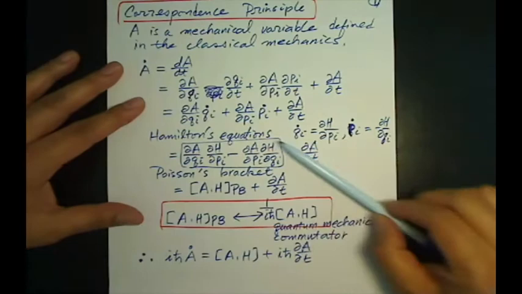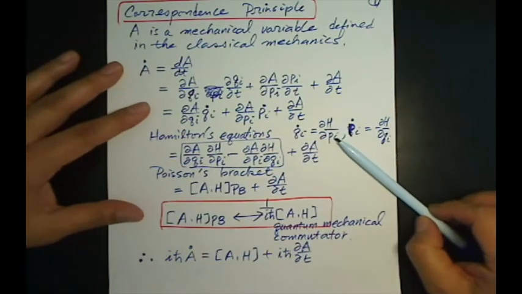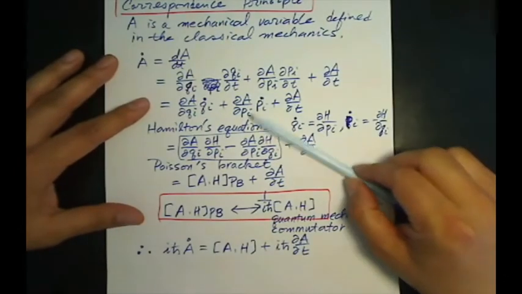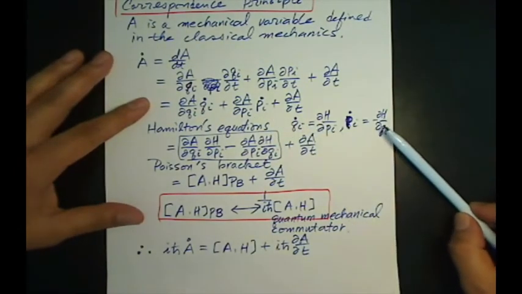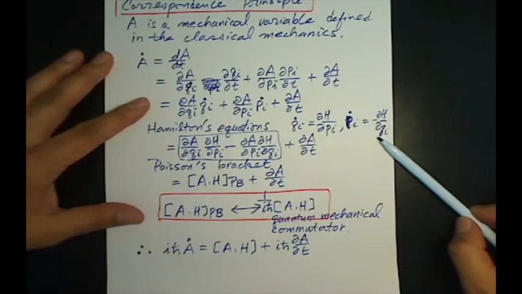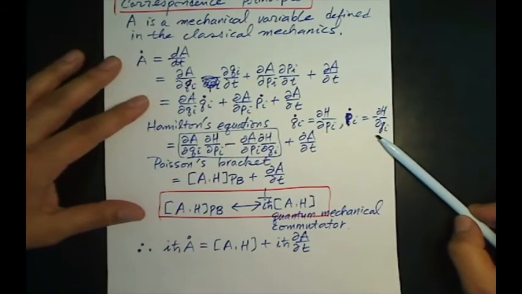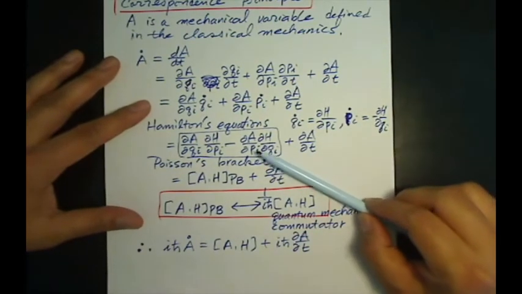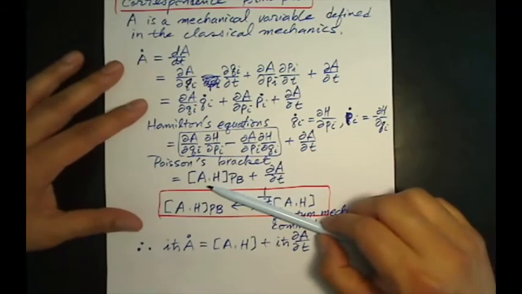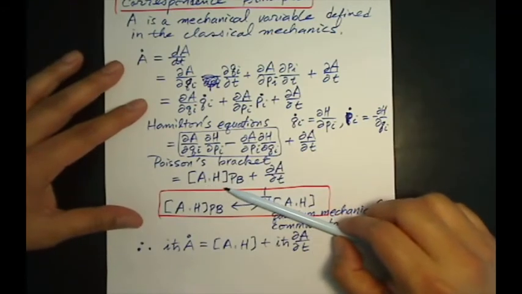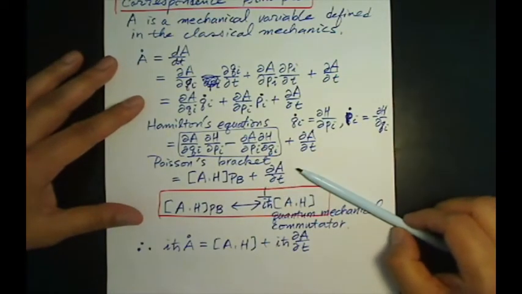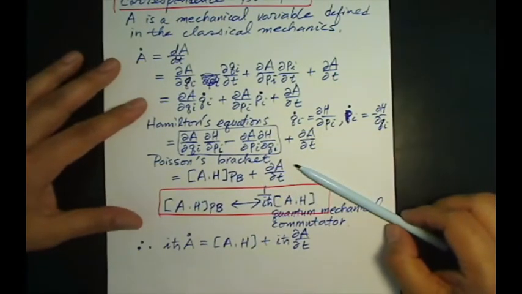Then q dot is replaced with the derivative of the Hamiltonian with respect to the conjugate momentum, and p dot is replaced with minus the partial derivative of the Hamiltonian with respect to the coordinate. If we substitute in here, this expression becomes the Poisson bracket of the mechanical variable A and the Hamiltonian, plus the partial time derivative of the operator.